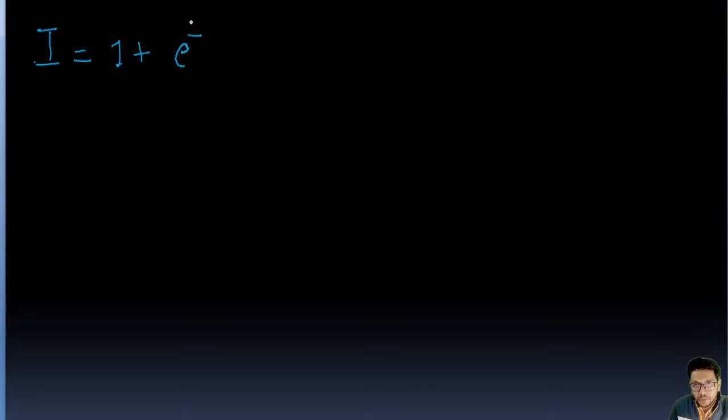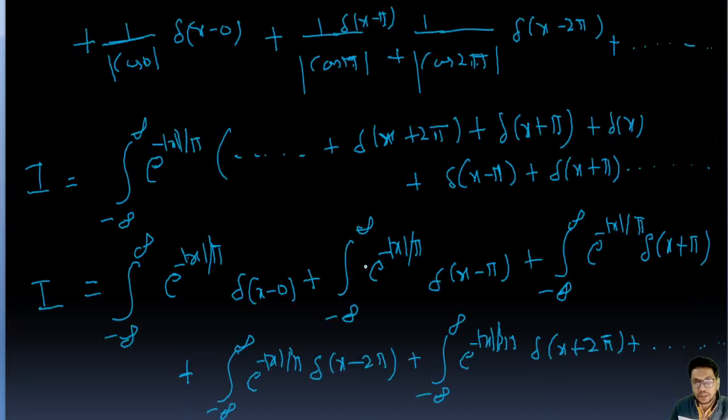Okay, e to the power minus 1, plus this is also going to be e to the power minus 1, plus this is going to be e to the power minus 2, plus e to the power minus 2, plus so on. If we integrate these using the Dirac delta property, the value of mod x is always positive, right?